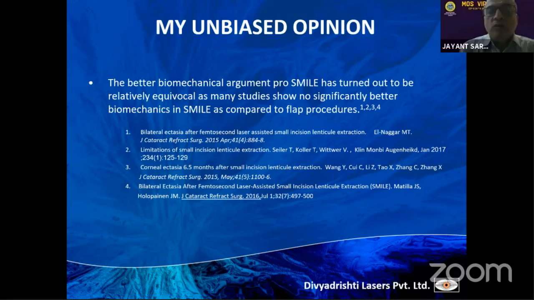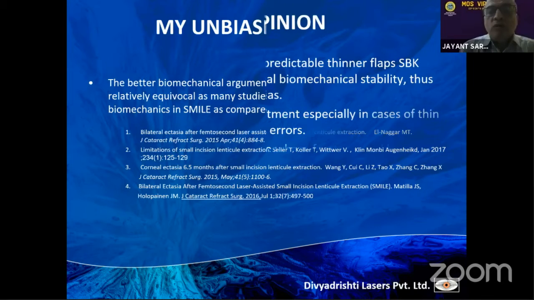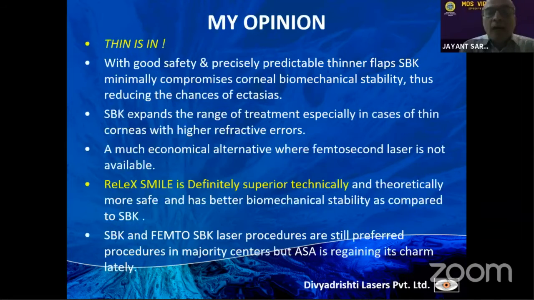So my opinion is thin flaps with good safety and precisely predictable thickness. SBK minimally compromises corneal biomechanical stability, reducing the chances of ectasia. I have hardly had 1 or 2 cases in the last 20 years of my LASIK practice. SBK expands the range of treatment, especially in cases of thin corneas, and is a much more economical alternative.